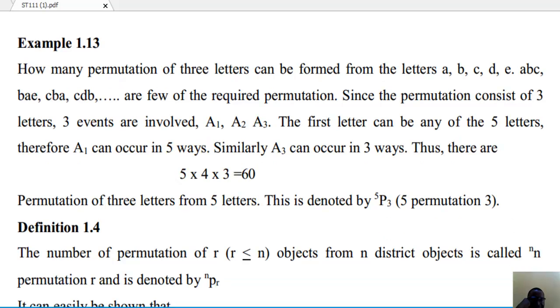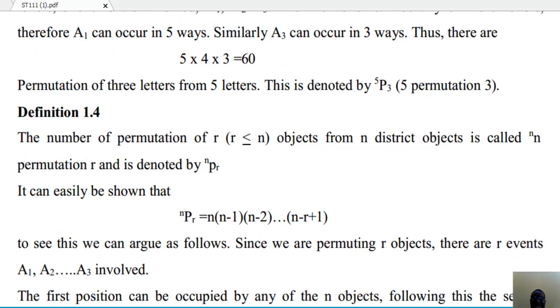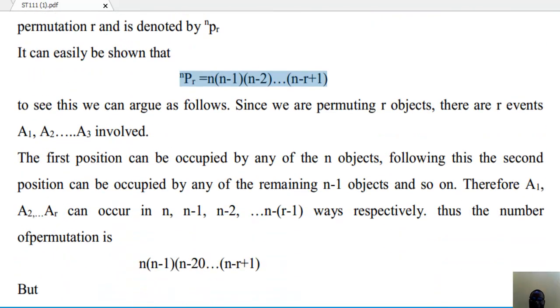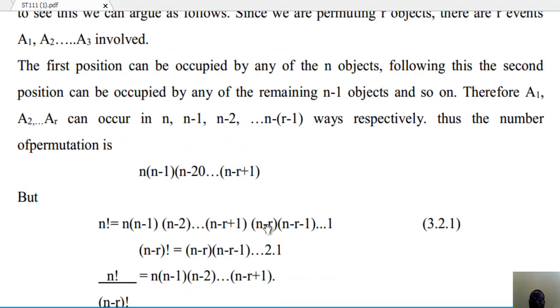Let's now derive the formula. From this definition, this is how you normally write permutation: n permutation r. It's given by this formula, which is derived from here. As you can see from this formula, this is the formula for permutation, but n factorial is this. Now, n minus r multiplied by n minus r minus 1 up to 1 is the same thing as n minus r factorial.